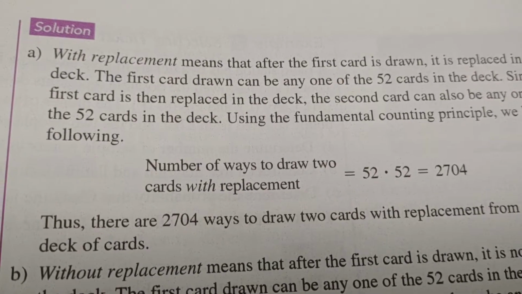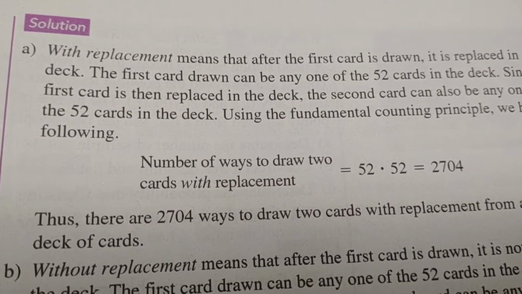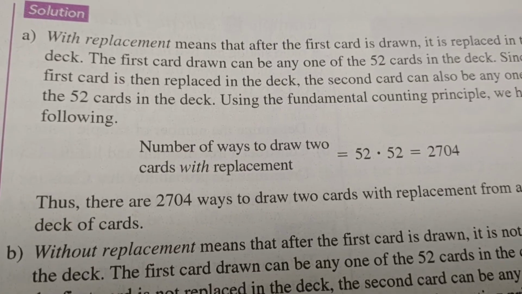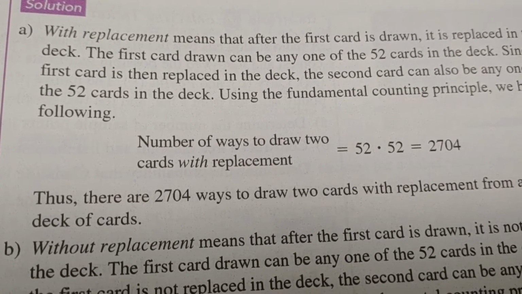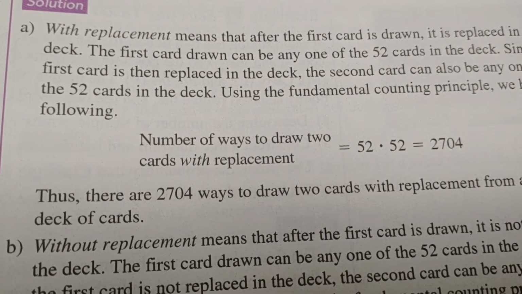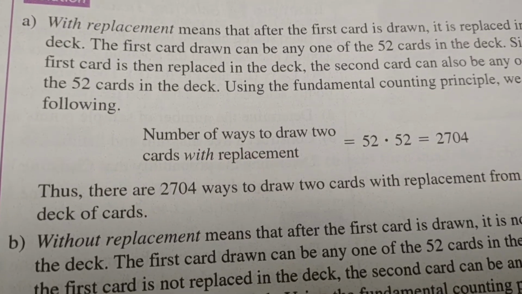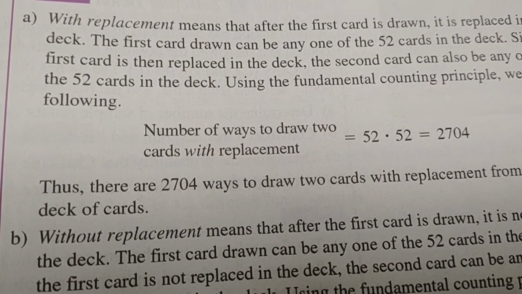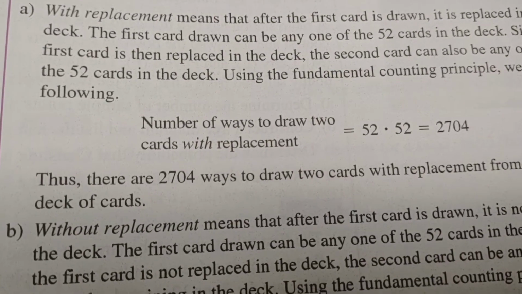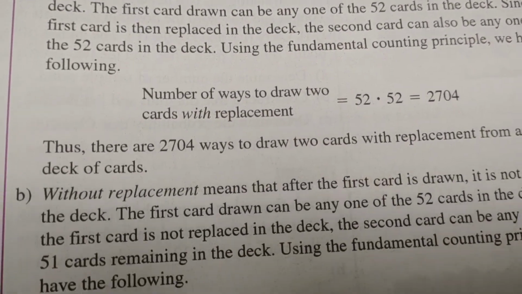The number of ways to draw two cards with replacement is 52 times 52, which is 2,704, because the first 52 represents the m, the first card. The second 52 represents the n, the second card, and you're multiplying.